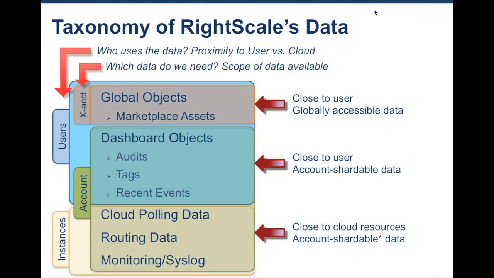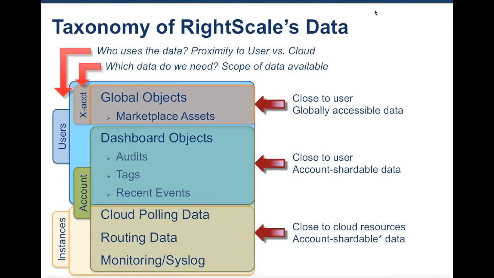On the other hand, we have data that has to be close to the user but can be account-shardable. That's a lot of the data, and it makes it easy to shard based on accounts, so that we can distribute it geographically, so that users in different regions of the world can be closer to the data and also be isolated from failures in regions where they don't have to be.